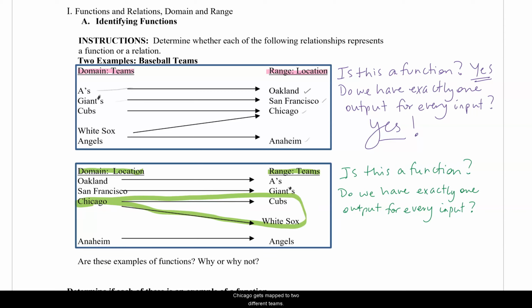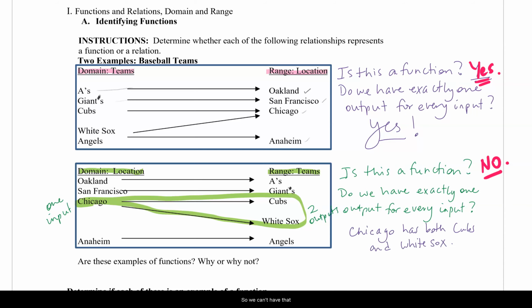So one input has two outputs. This is not a function. We do not have exactly one output for every input. There is one input having two outputs. It only takes one value of input to be mapped to more than one output for this situation to no longer be a function. So we can't have that and call it a function.